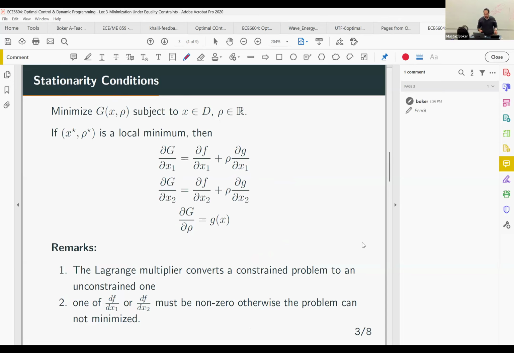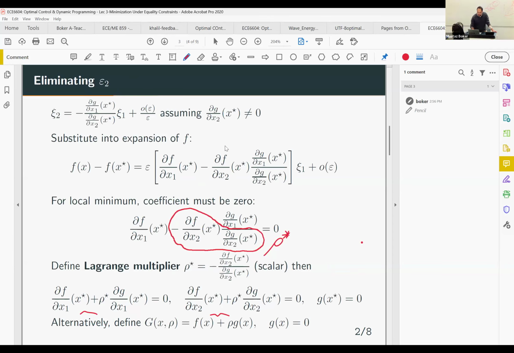Now look at this problem here. Minimize G, which is a function of x and rho, subject to x belonging to the domain, and rho a scalar. So if x star and rho star is a local minimum, then according to up to this point, because x star is a minimum, rho star is also a minimum.